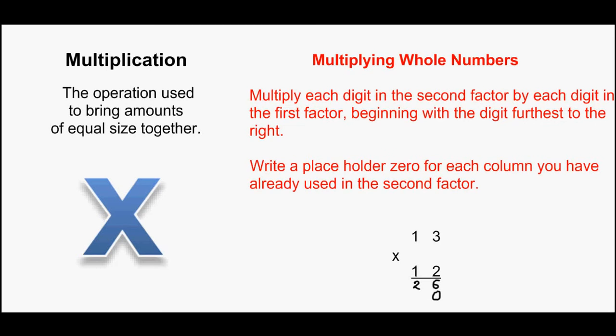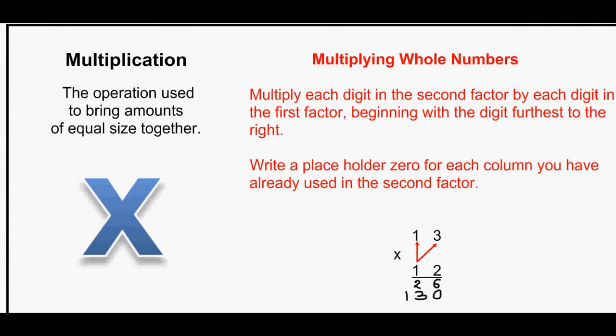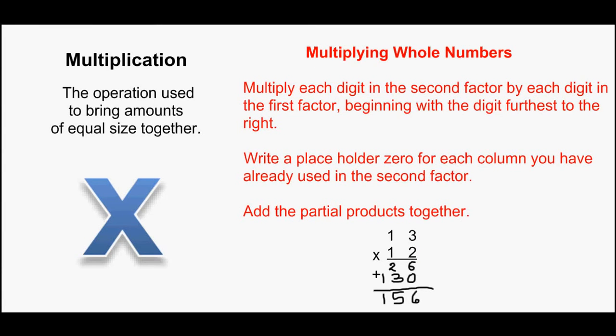Now we can multiply by the next digit. 1 times 3 is 3. 1 times 1 is 1. Lastly, we will add the partial products to get our final answer. 26 plus 130 equals 156.